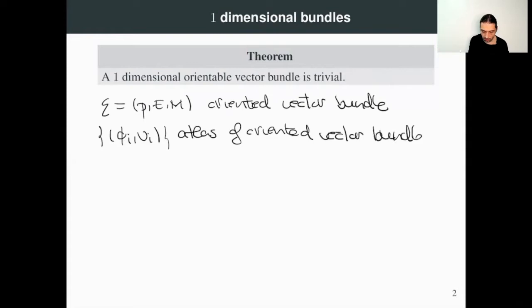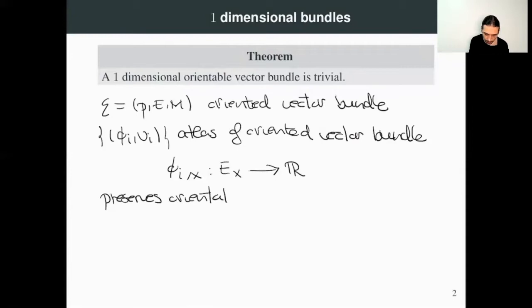And this means that this map phi ix, which is an isomorphism from the fiber at x and the line, because we are considering a one-dimensional vector bundle, this map over here preserves orientation, for every x that belongs to ui and for every index.